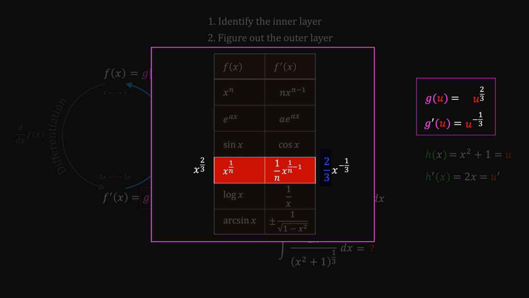But a constant 2/3 would also show up. Hence, we also need an offsetting constant, 3/2 in front. So the outer layer should be 3/2 times u to the power of 2/3.